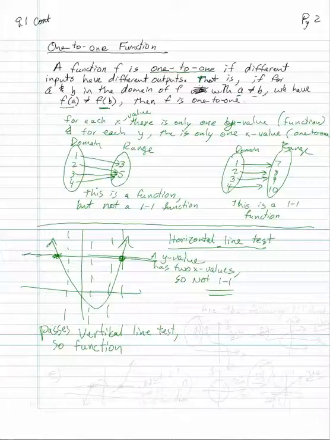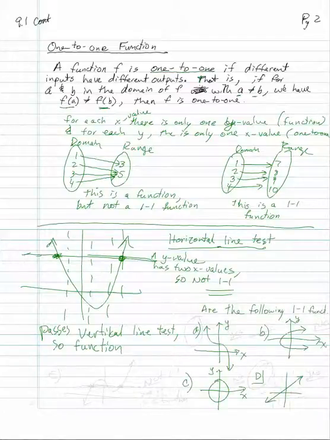Okay? So I can ask you a question, is this a one-to-one function, and just draw a picture. So let me draw some pictures. Okay, so the following one-to-one functions. Again, they have to pass both the vertical line test and the horizontal line test. So A is one-to-one. B, no, because it fails the vertical line test, so it's not even a function.